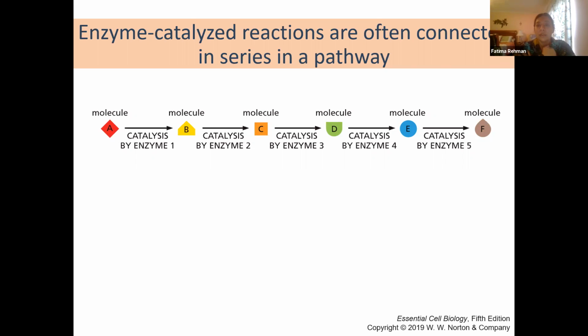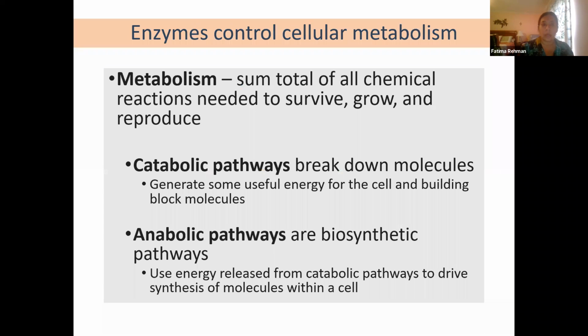And they are usually combined in a series of catalytic reactions that all require individual enzymes to process the products at each point. These enzymes are highly specific. They can only work with that one specific substrate or a very small subset of substrates, based on their binding site, their active site. And we'll talk about that soon as well.